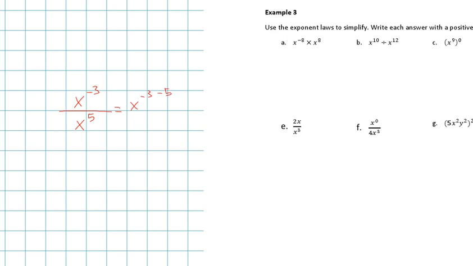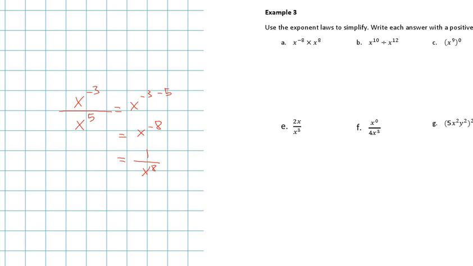Now that's going to give me x to the power of negative 8. Then now I'm going to write it as 1 over x to the power of 8. I didn't flip from the beginning. There's no need to flip from the beginning. Do your simplification first, then flip if your answer is negative. But if you flip it, does it give you a different answer? No, it doesn't, but it becomes more complicated.